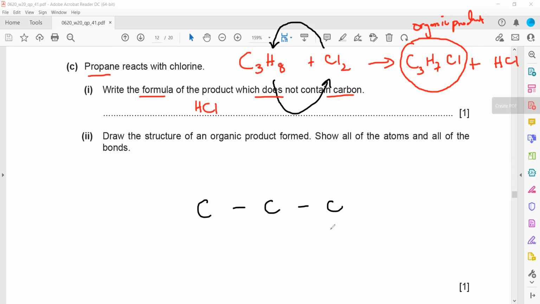We can attach it anywhere. Then the remaining will be the hydrogen atoms. This will have 2 hydrogen, this will also have 2 hydrogen, and this will have 3 hydrogen. So this is the structure of the product which is formed when propane reacts with chlorine. And the name of the product is chloropropane.